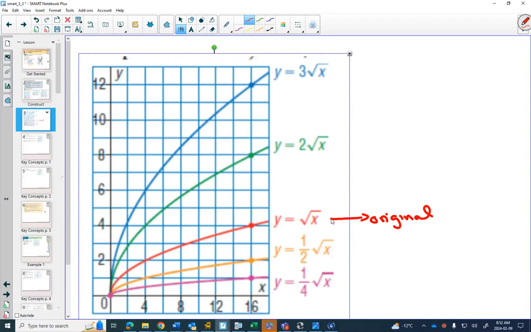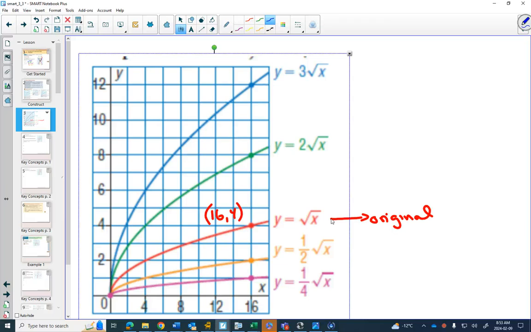They've got 16, 4. That's normally not a point we label on the square root graph because it was off of our screen, but does it make sense that if you plug in 16 for x, you would get 4 for y? And then for each of these, we notice that the numbers are all outside. Outside is vertical.